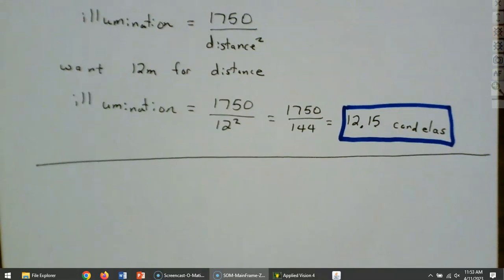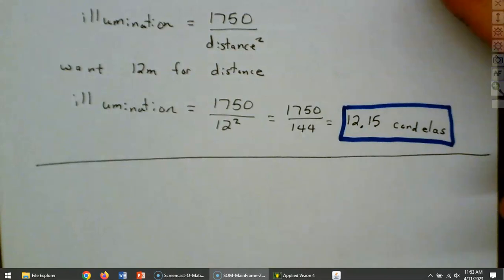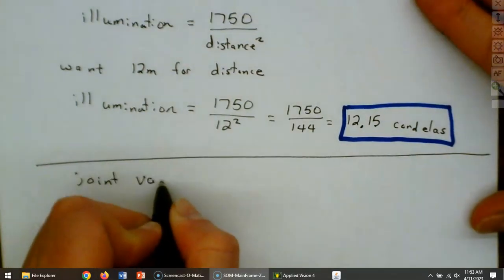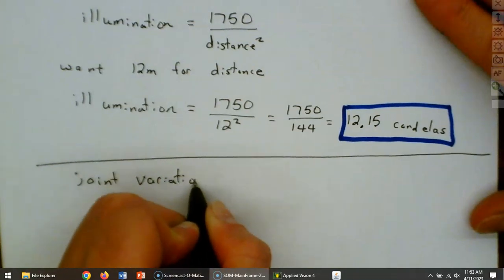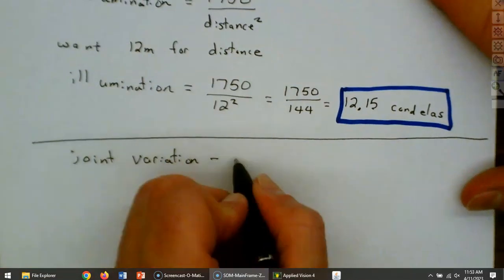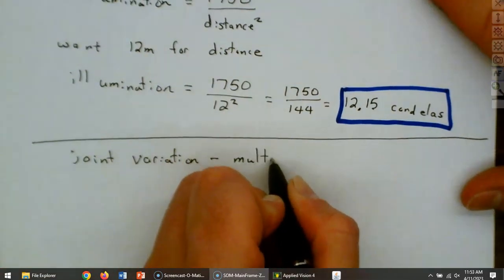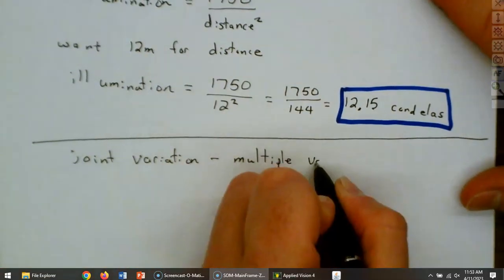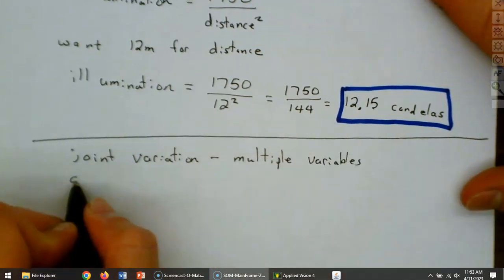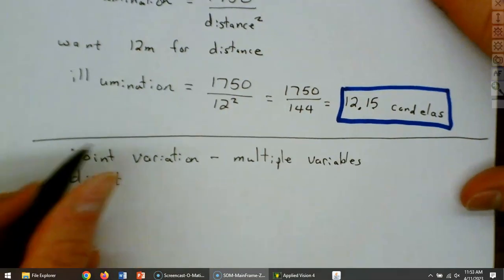Now, when we talk about joint variation, it just means we have multiple variables. When we say direct, that means we multiply.